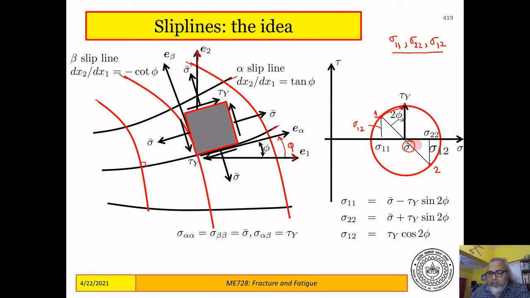One is, of course, the mean stress, and the other is this angle phi by which I have to rotate the one plane in order to get to the maximum shear stress plane. So if I draw it here, when I rotate this by phi, I get to this coordinate system E alpha, E beta.